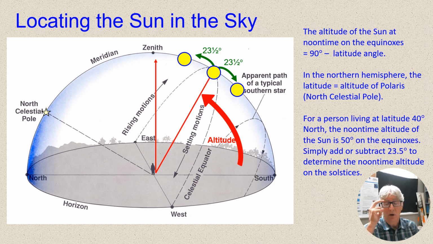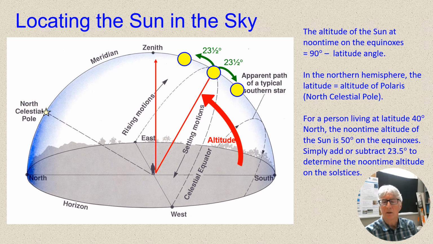Now, to determine this transit altitude or height, you can Google it probably from your location, or you can determine the altitude of the sun at noontime using some basic equations.